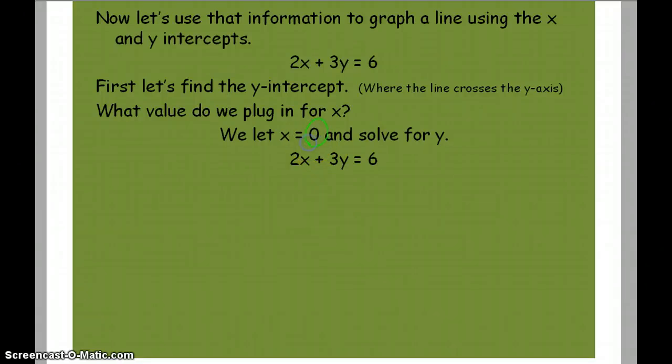Okay, so I'm just going to plug 0 in for x. So now I have 2 times 0 plus 3 times y is equal to 6. 2 times 0 gives me 0. So I have 3y is equal to 6. I'm going to divide both sides by 3. So I get y is equal to 2. So the coordinate is the point (0, 2).